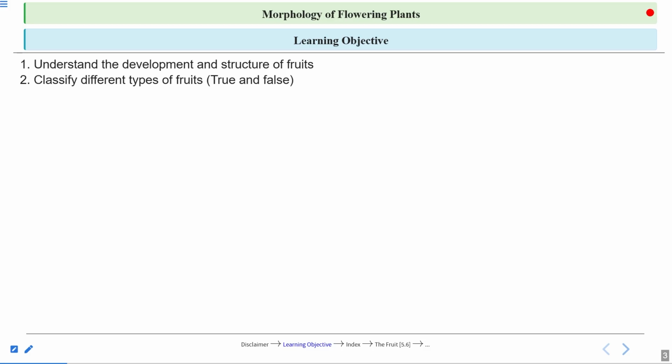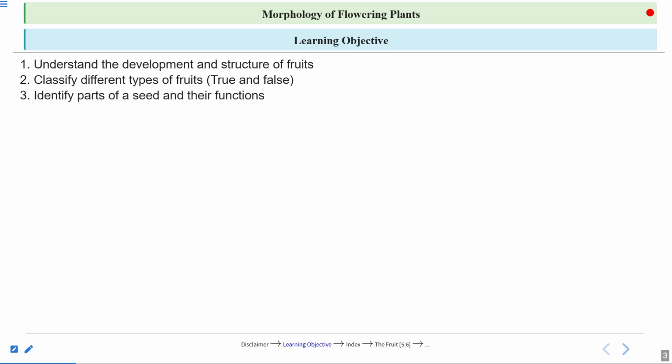Another topic is to classify the different types of fruits, true and false. We will see what the true type of fruits and what the false type of fruits are, and you will be able to identify such types of fruits.